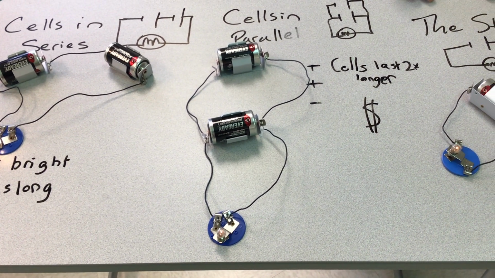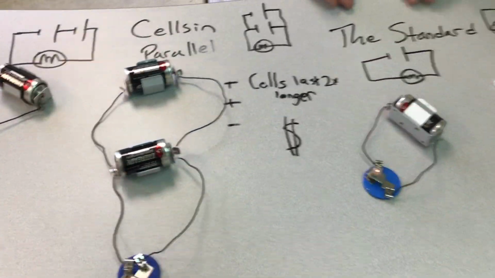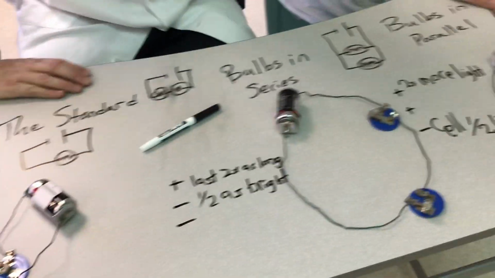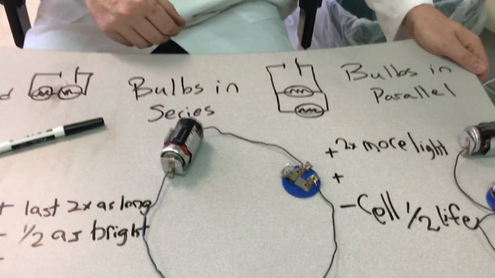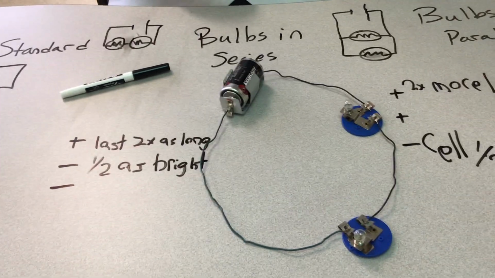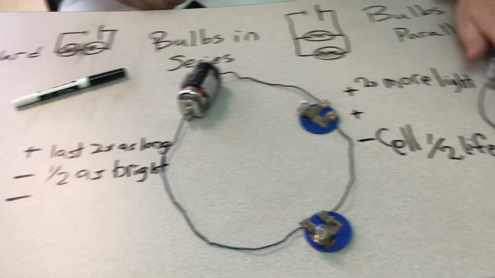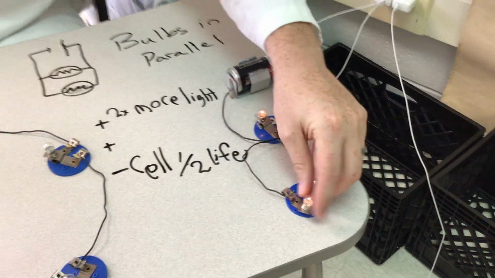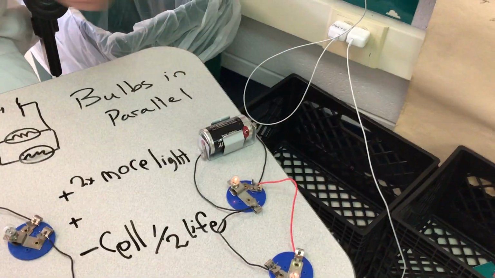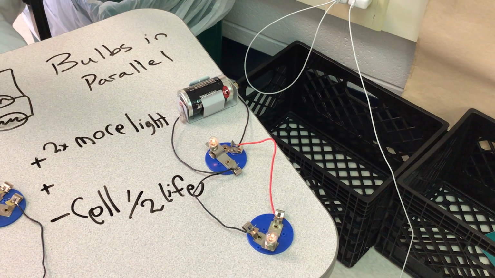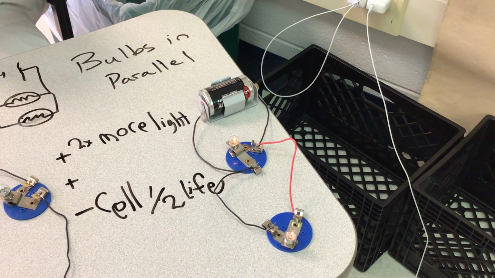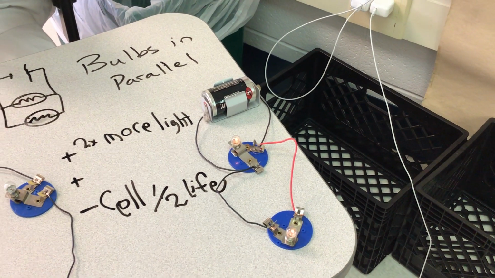We obviously have our standard circuit. Our bulbs in series. That's our night light. You don't want it too bright. You just need to see so you don't bump into the wall in the hallway when you're trying to use the restroom in the middle of the night. And our bulbs in parallel, well, those are our fancy holiday lights where one bulb can die and the rest of the line still works.